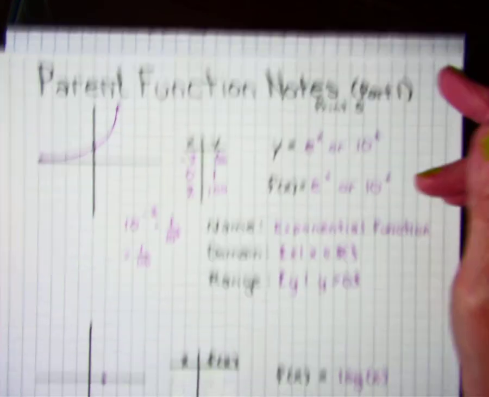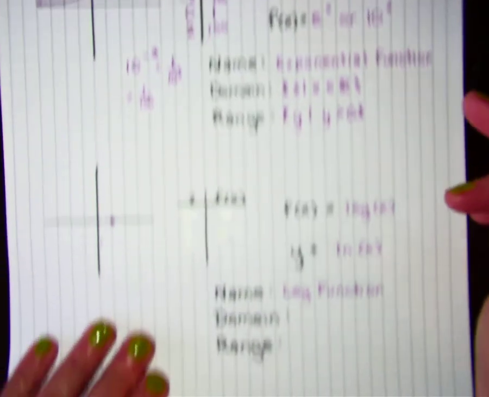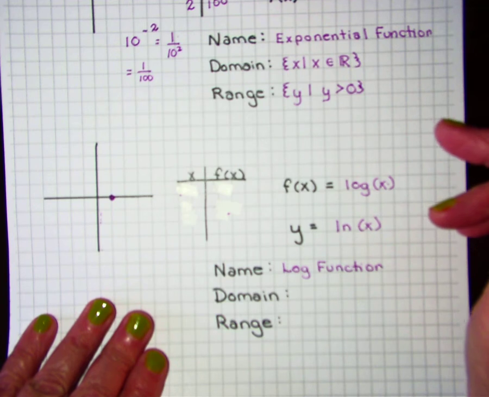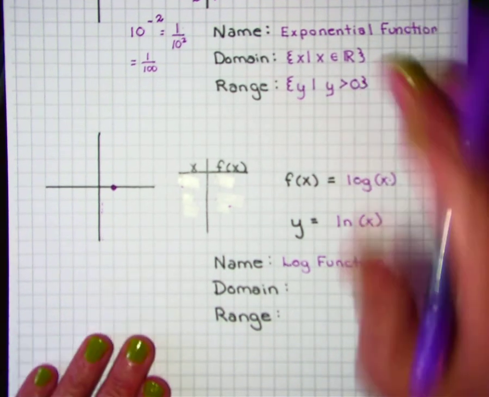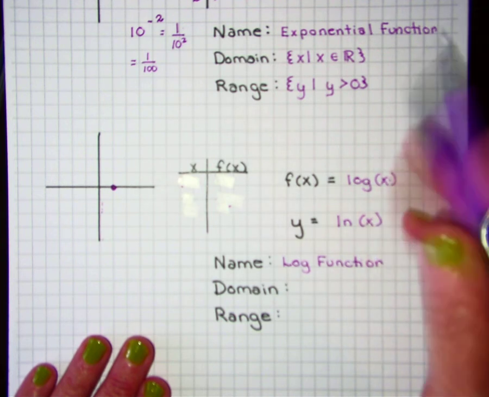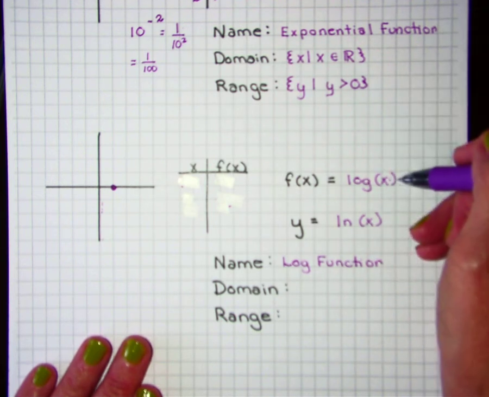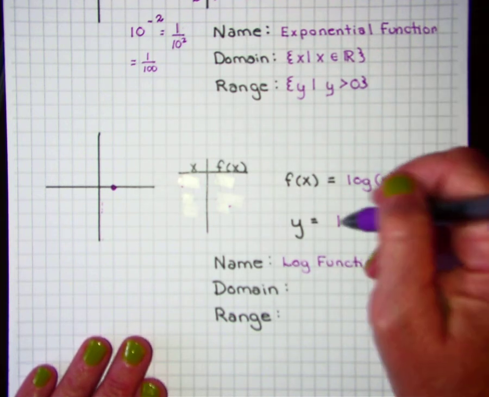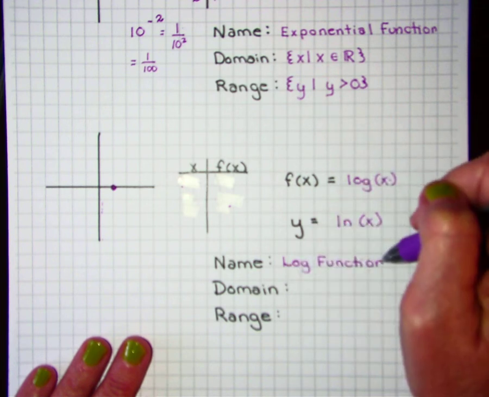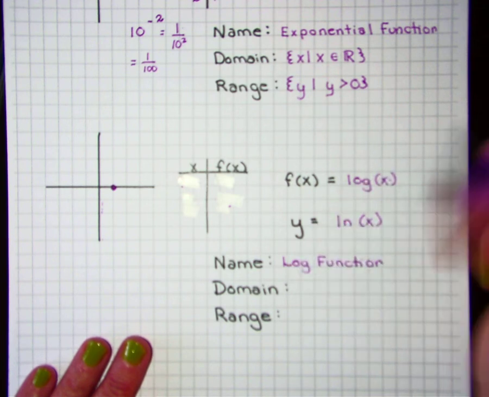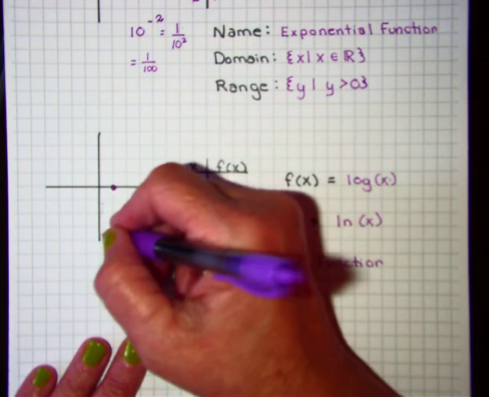So after that, we're going to go to logs, and I go to logs here because it's really the inverse of the exponential. And I'm not going to plot this one. I will just draw you the general picture of it. It's normally written as the log of x, or ln of x, which is the natural log. This is the log or logarithmic function. And what it looks like is this.